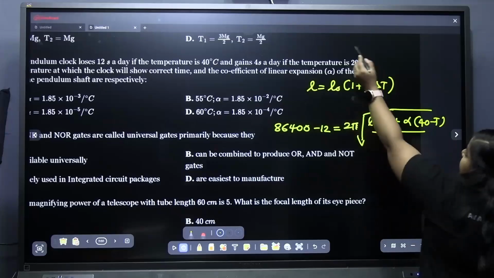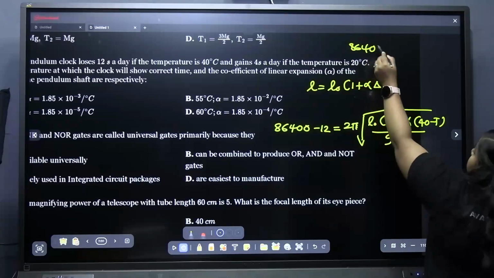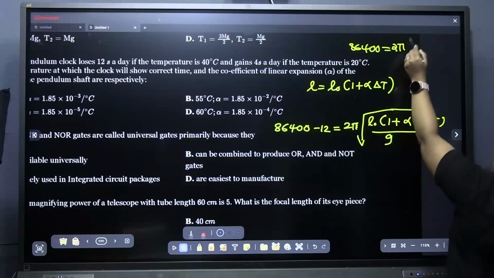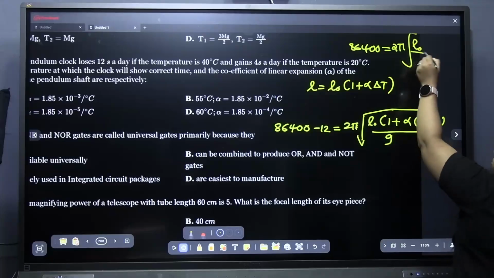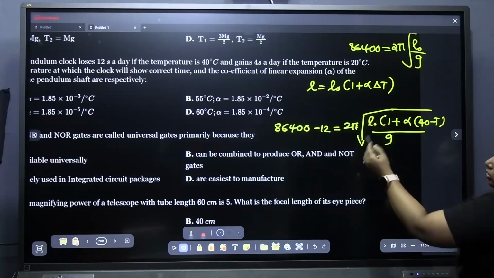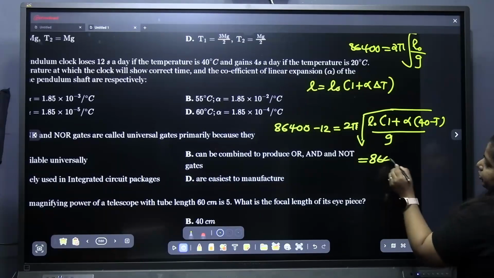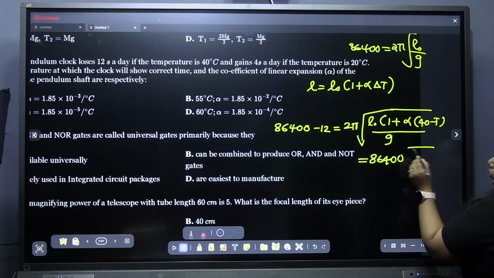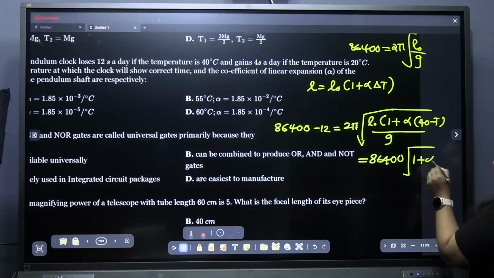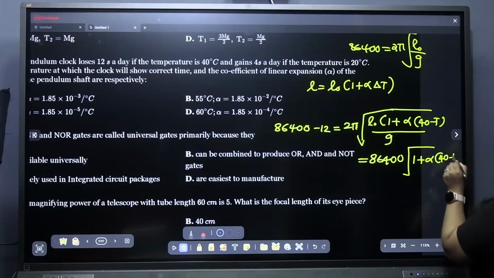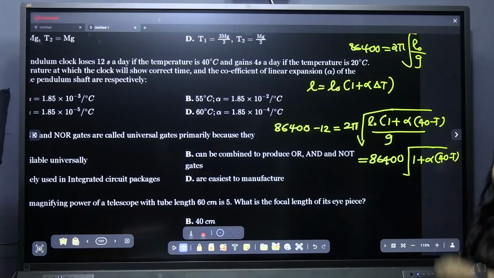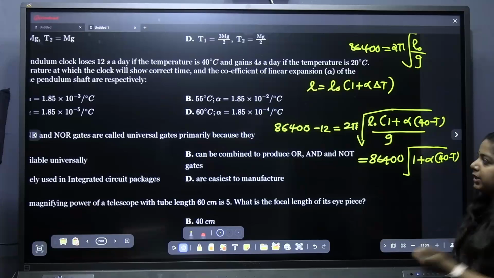Again, 86400 is equal to 2 pi root L naught by g. So this 2 pi root L naught by g I can write as 86400 into root of 1 plus alpha 40 minus T. This is when the clock is losing time.